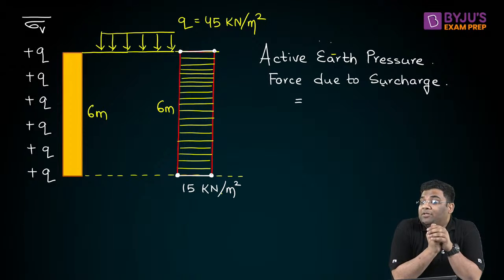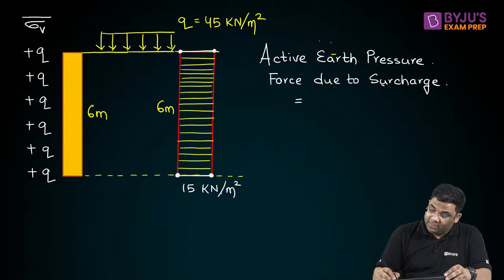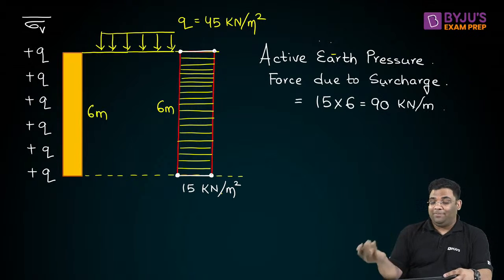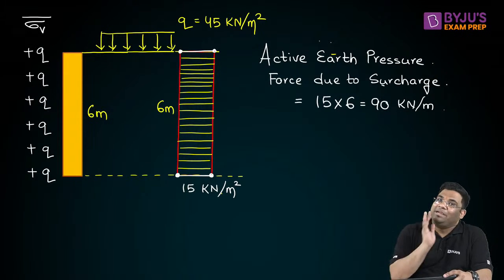Please mention in the comment section. Very good. Just take the area, 15 into 6, that is equal to 90 kilonewton per meter. That will be simply 90 kilonewton per meter.